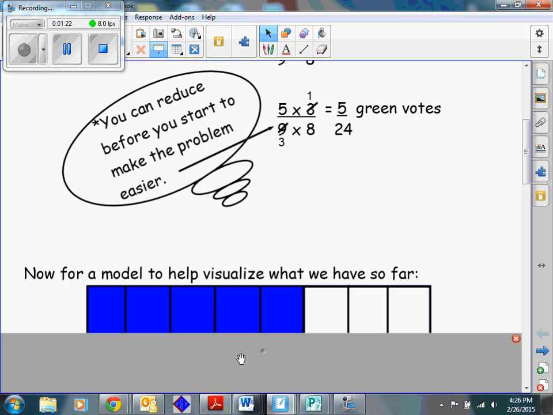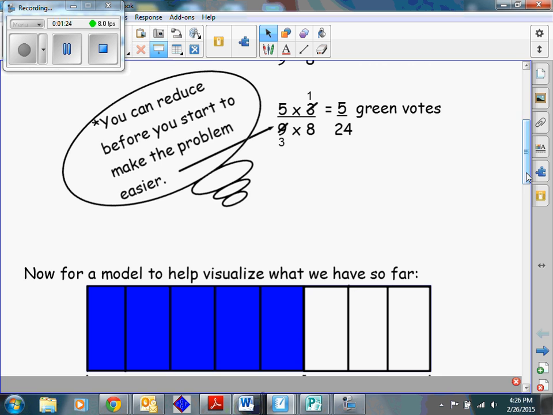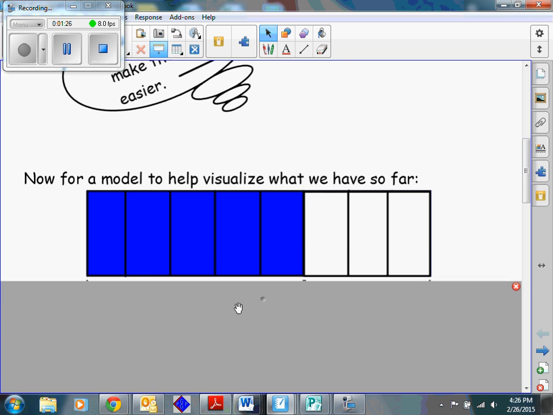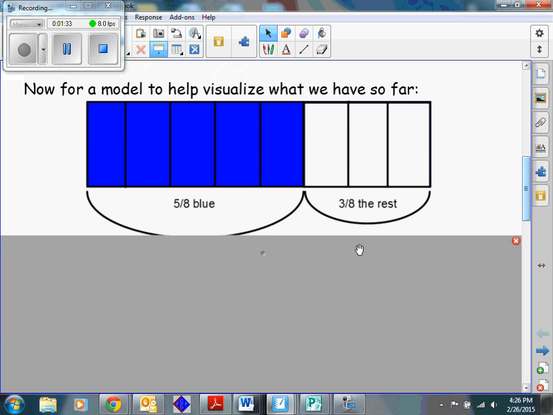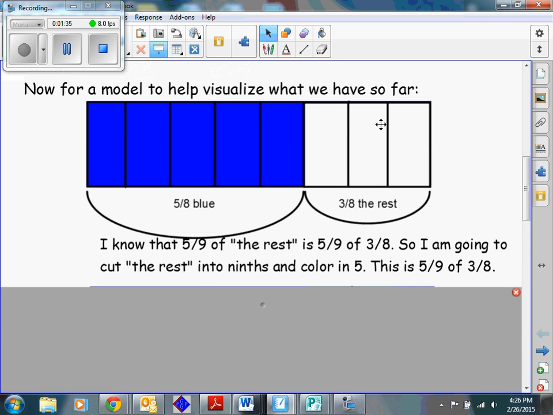So here's a visual model of what we have so far. 5/8 voted for blue, and 3/8 is the rest, red and green. But 5/9 of the rest, which is 3/8, is for green.